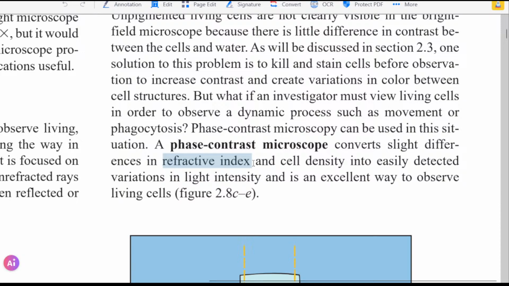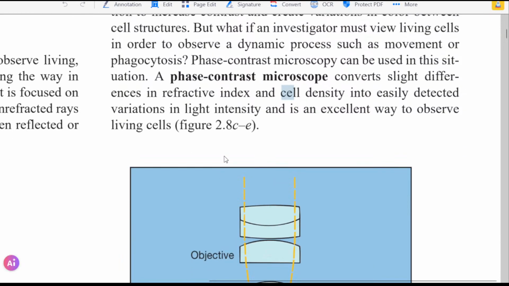They are saying that they convert the refractive index a little bit and the cell density into easily detected variations in the light intensity. So they change the refractive index and the cell density, and that makes it easier for detection in the light intensity, like in the light microscope.